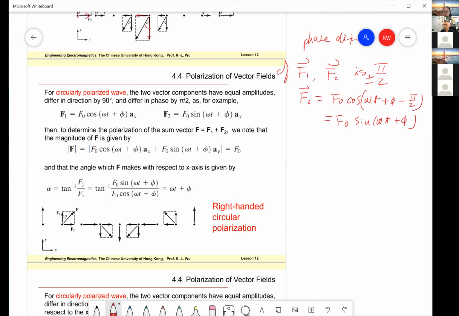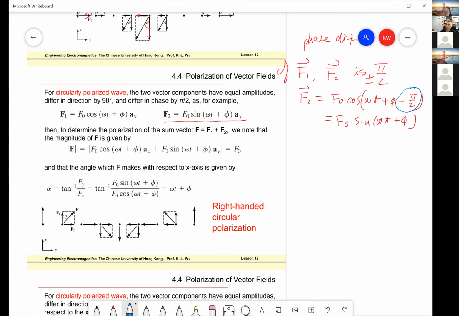So in this case, let's say this is our F2. Compared to F1, we have this phase term. Phase is important in this case.